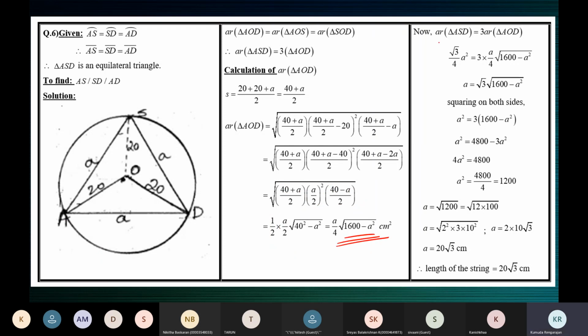Now we are working with this equation: the area of the whole equilateral triangle ASD is equal to 3 times the area of the small triangle AOD. That's what we constructed. Here we realize that this is the equation which is going to help us find the value of A.